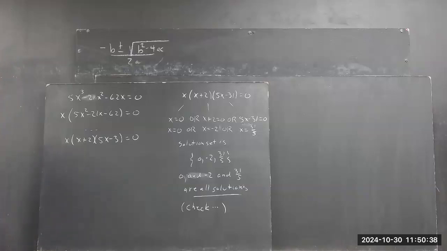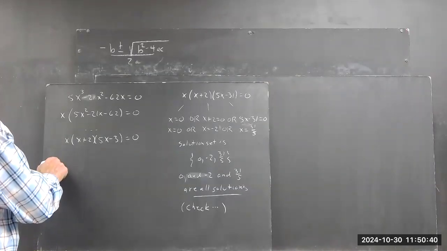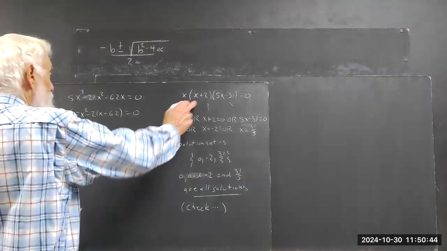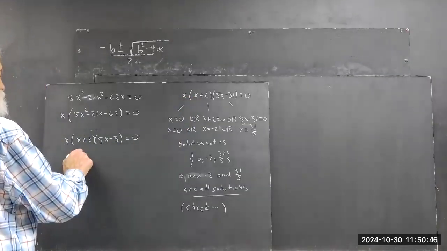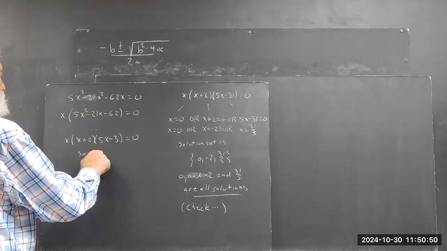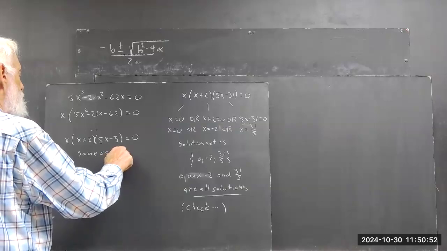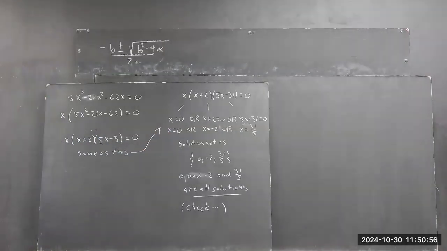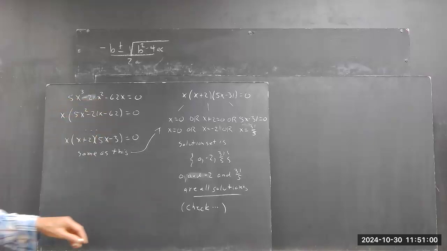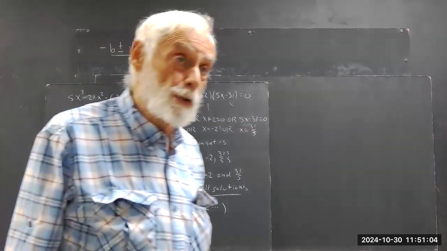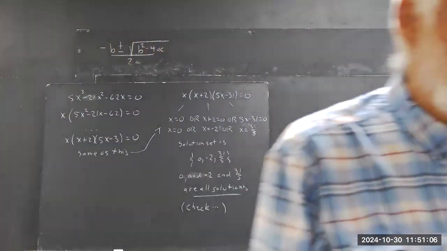So there we have it. This turns out to be the same as this. We don't need to go through the entire solution, but it could look like this, and you would have to factor it. Some of the problems you're going to get, you might want to use the algorithm.